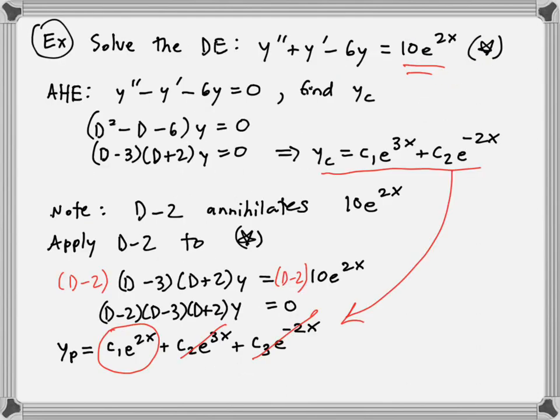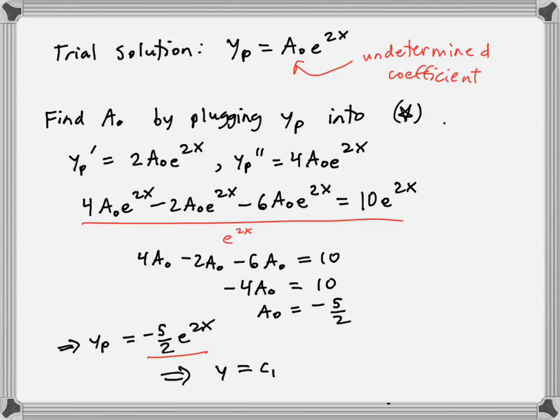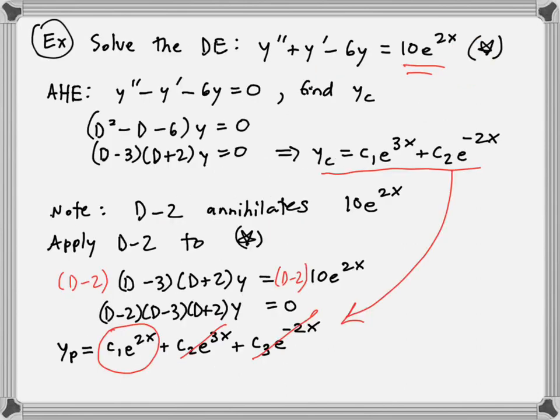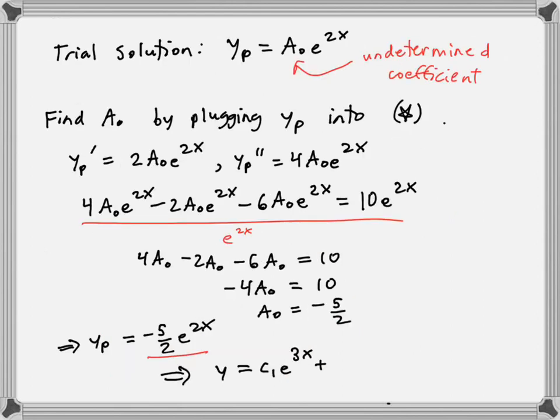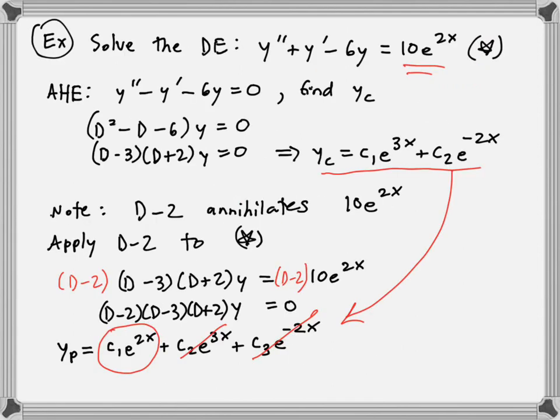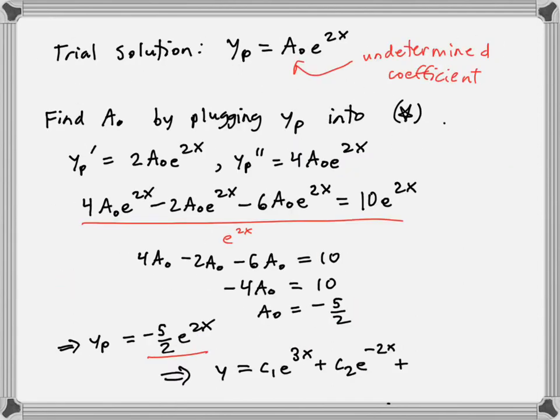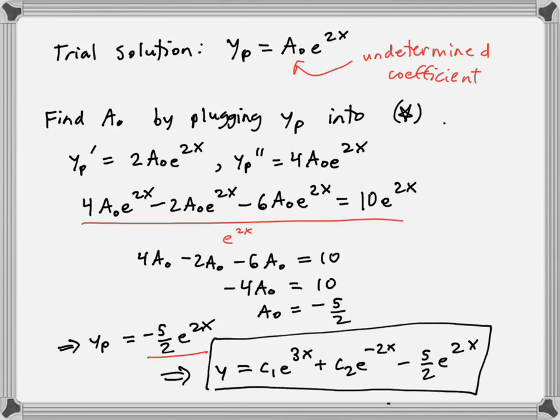I had c1 e to the 3x plus, then I had c2 e to the negative 2x plus, and then I had, oh, that's right here, minus 5 halves e to the 2x. This is our differential equation solution.